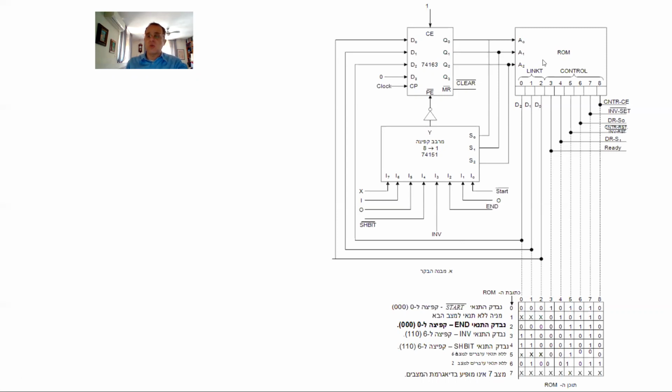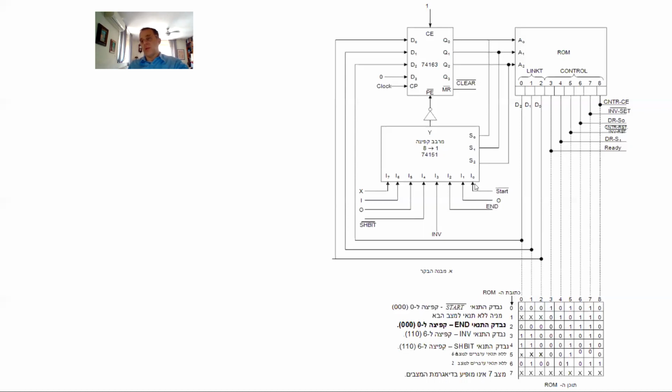unless something happens. Unless what happens? Unless the start is lit. Unless the start is not lit, because there's a line. So if the start is 1, then, right, so if the start is 0, then that means yes, start.